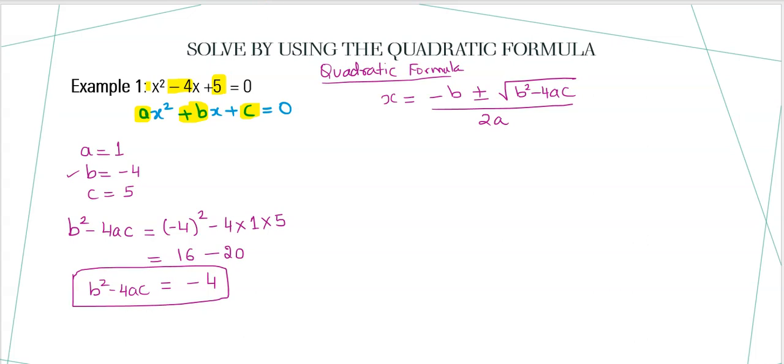So let's substitute it. What we get? x equal minus b, which is minus minus 4, plus and minus square root of b square minus 4ac, which we have already calculated to be minus 4, over 2 times a. A is 1. So this gives you minus minus becomes plus, 4 plus and minus square root of minus 4.